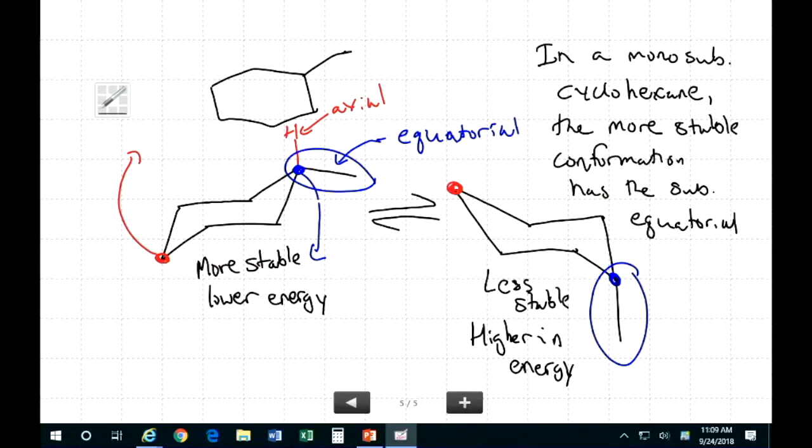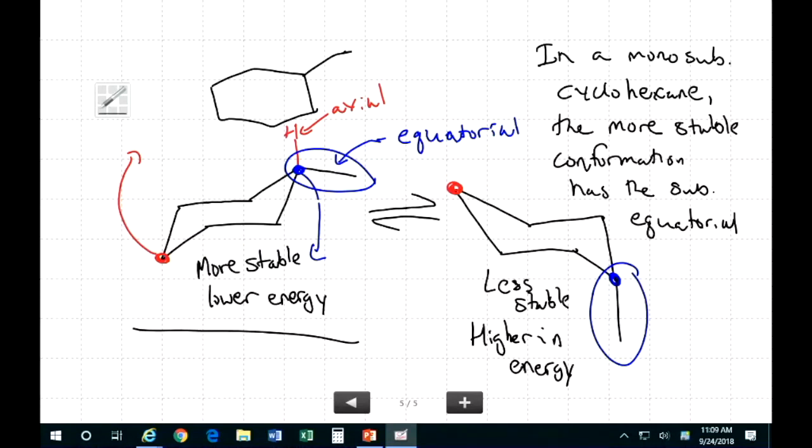So again, if we had a bottle full of methylcyclohexane and we were to take a snapshot, we would see most of our molecules would have the methyl group in the equatorial position, so most of them would be in this conformation here, and the remainder would have the methyl group axial. So our preferred, low energy conformation has our group equatorial.